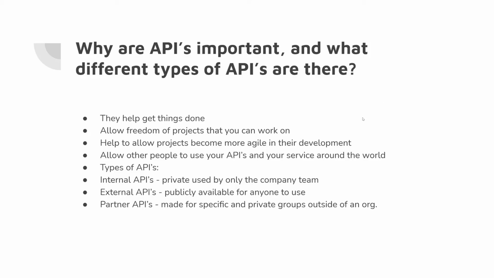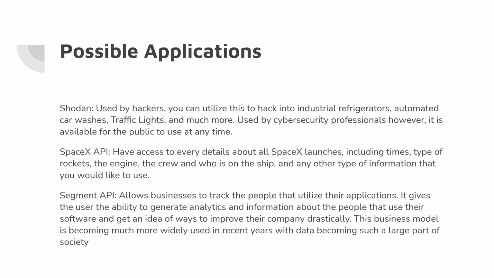So there's always that. Partner APIs, well, I am not too sure on this specific topic, but I know that these exist, but they probably have a very specific function and a very specific role for companies.